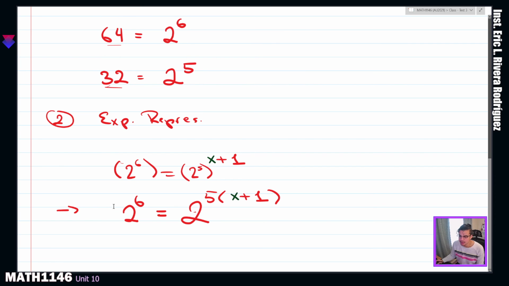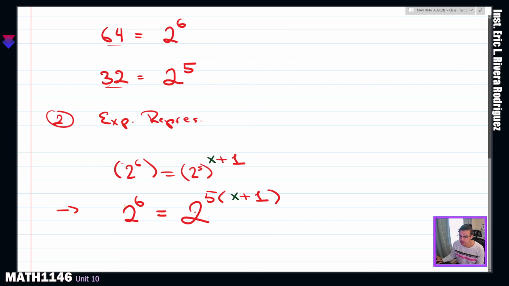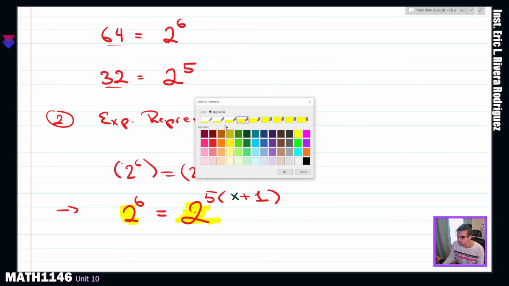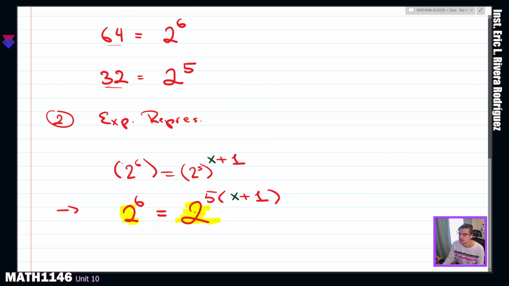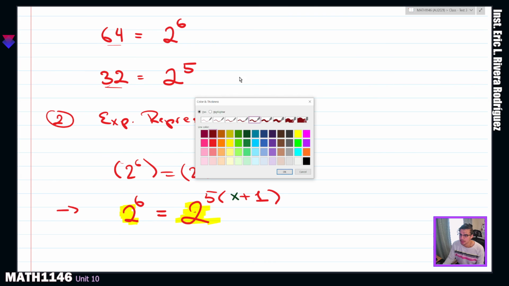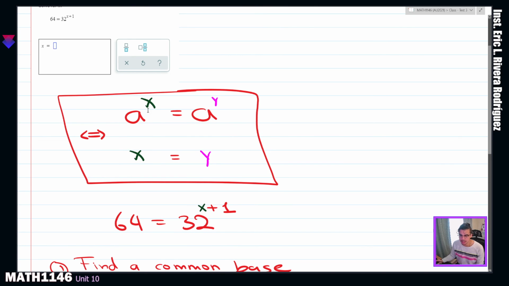Okay, and now that the bases are the same, we have the same base in an equation, we are going to use the property that I just discussed. I'm just going to copy and paste it.